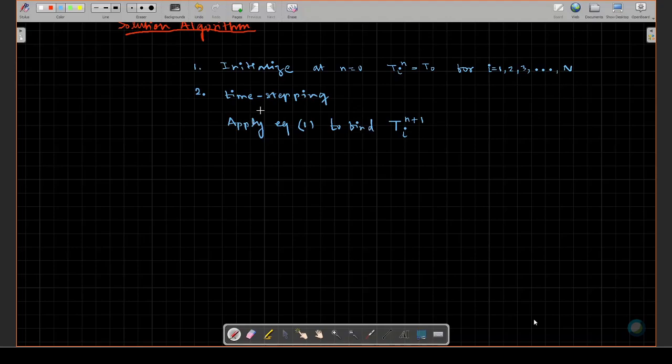Just because the T_i^n values are known, substitute those values and get this, for i equals 2, 3 up to N minus 1. Remember, capital N minus 1. So you find these from equation 1 and then apply the boundary conditions.